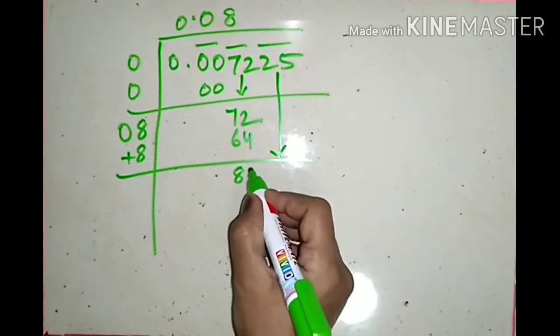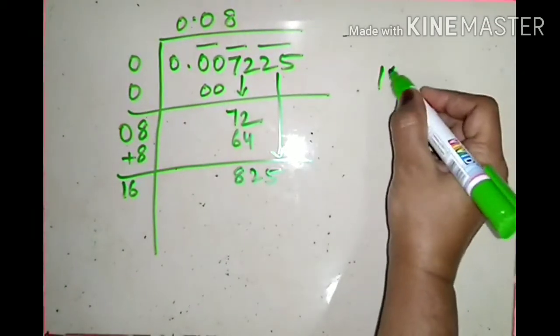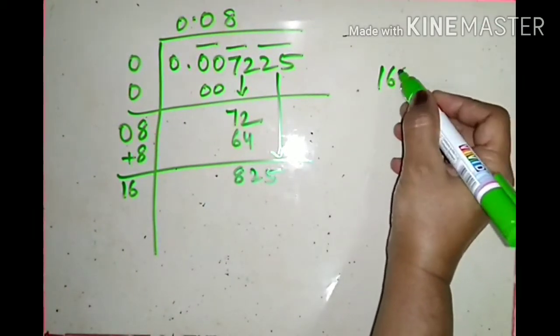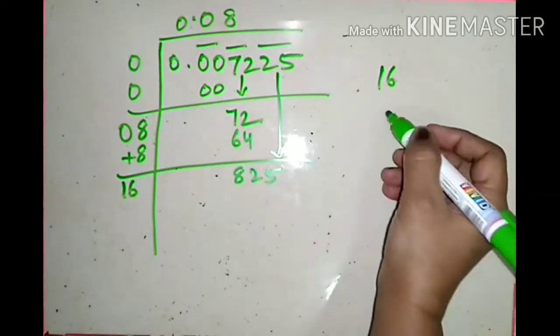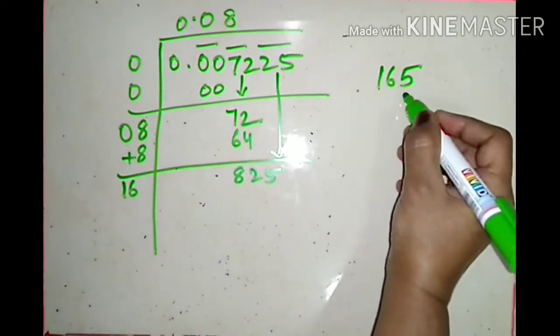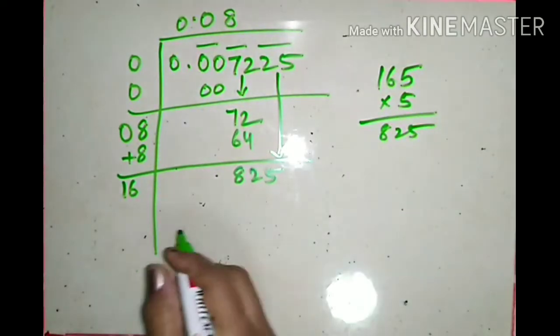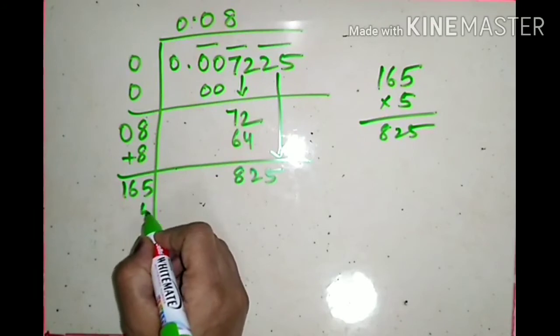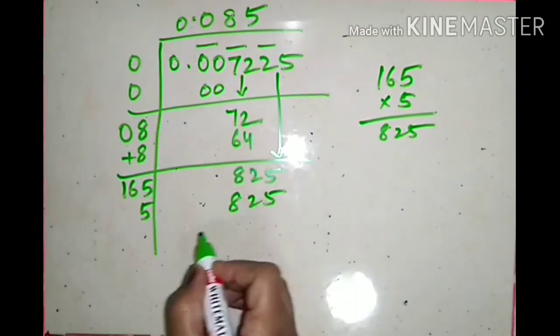We'll bring this 25 down. We have 16. Now we have to write 16 number and multiply it by the same number, which should give us 825. So I will try with 5. That gives us 825. So 5 here, 5 here, 5 here, 825 here.